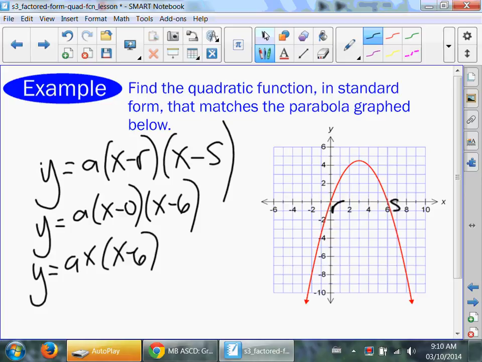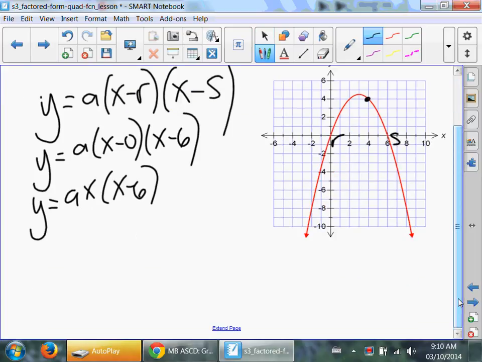Now, what I need to do now is find some other point on the graph where I definitely know the x and the y value. I'm going to pick this point right here. This point right here is 4, 4. And I can plug in 4, 4 for x and y and solve for a. So y is 4, x is 4.